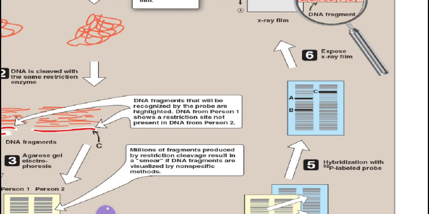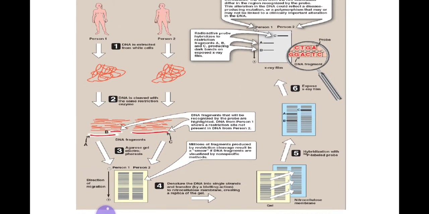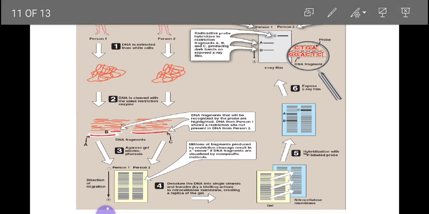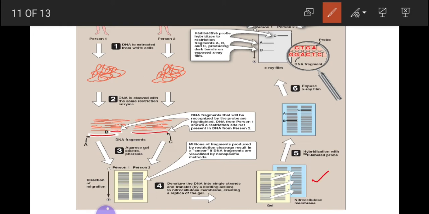Then this electrophoretic material is transferred to the nitrocellulose membrane, which is then treated with radioactive probes. The radioactive probe hybridizes to the restriction fragments A, B and C, producing dark bands on exposed X-ray film.